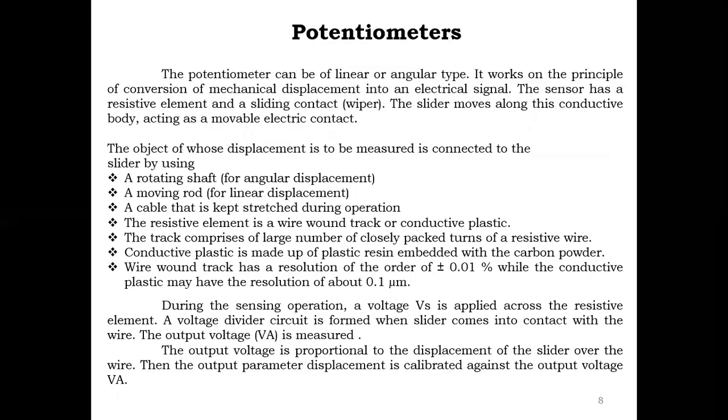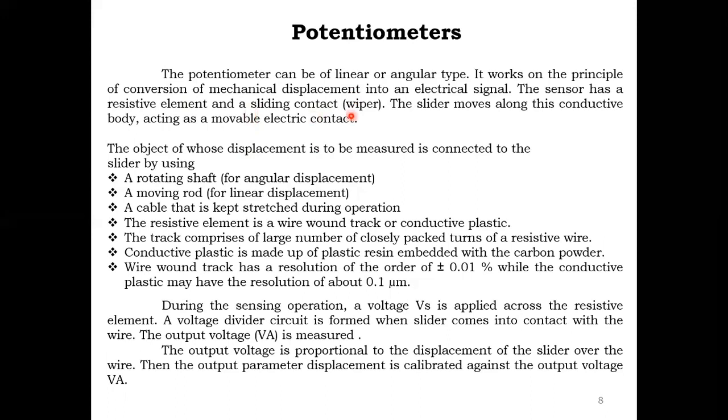First, potentiometer. The potentiometer can be of linear or angular type. It works on the principle of conversion of mechanical displacement into an electrical signal. The sensor has a resistive element and a sliding contact wiper.